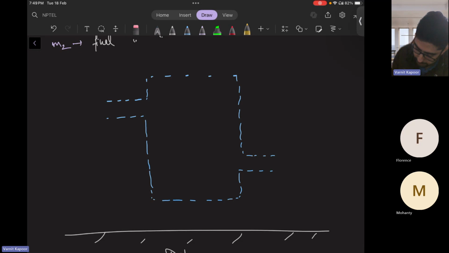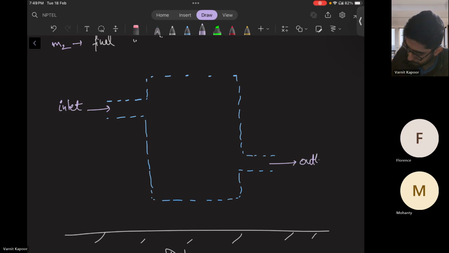So again, this has an inlet and it has an outlet. This is your control volume, which has initial mass M1 and final mass M2.